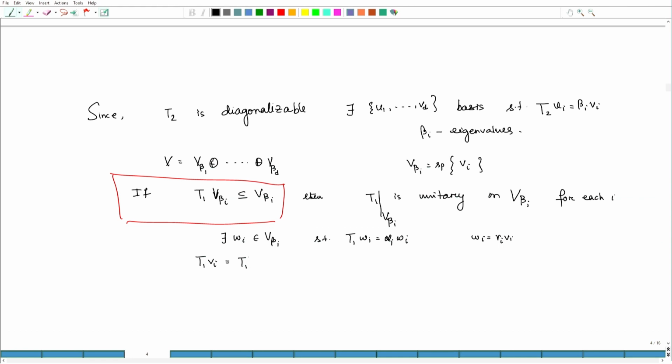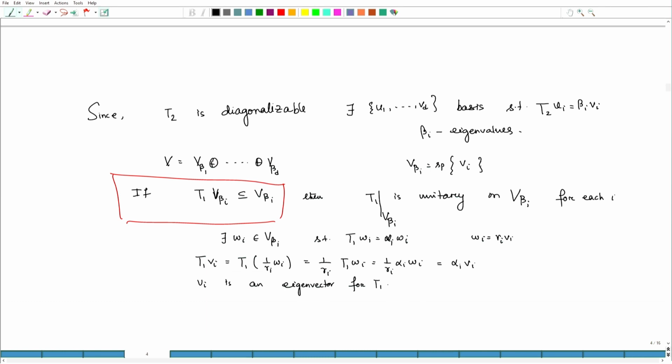So, T1 of Vi is equal to T1 of 1 by ri Wi, which is 1 by ri, taken out, T1 of Wi, which is equal to 1 by ri alpha i Wi, and this is equal to alpha i Vi. So, Vi is also an eigenvector for T1.